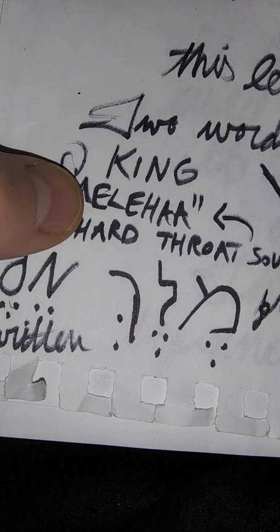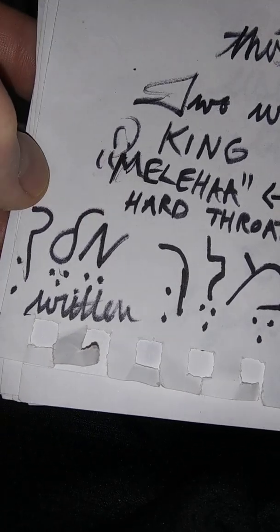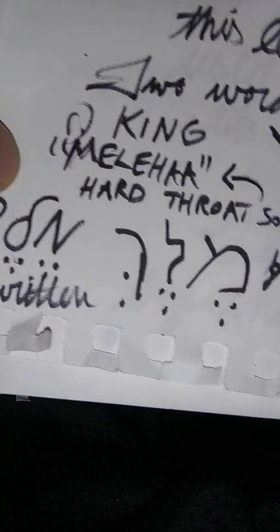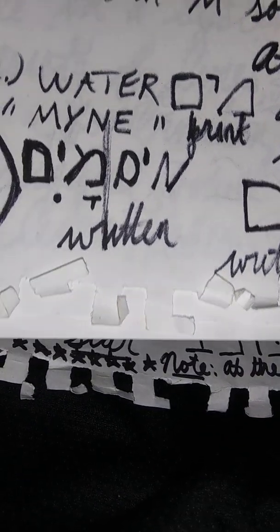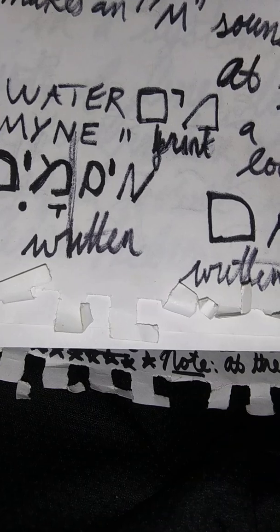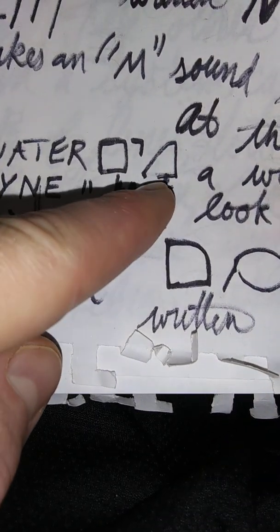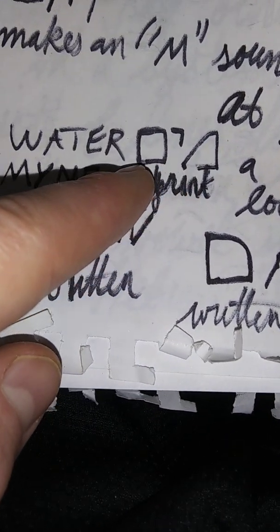So me, le, melech. It's a king, melech. Okay, now water. Mayim. That's how you print the word water.